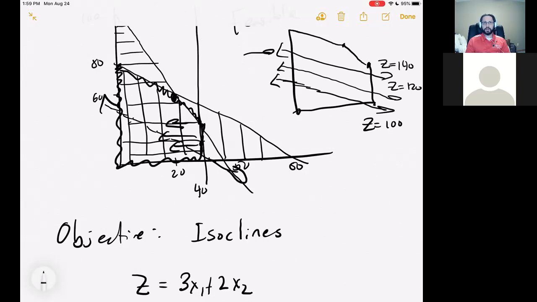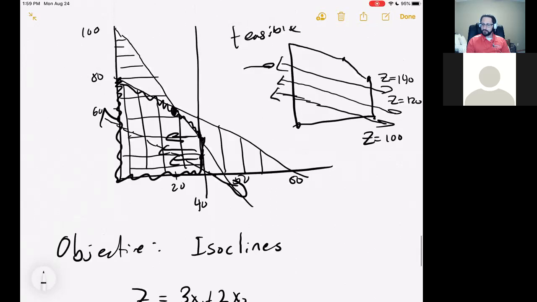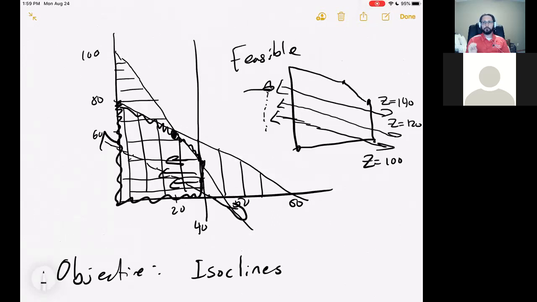And as you visualize the shape, see if you can imagine the highest line segment that you can get while still staying in the feasible region. And I think you'll see it's this line segment that's parallel to them all and only happens to touch at this particular corner.